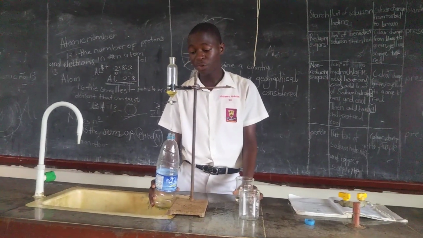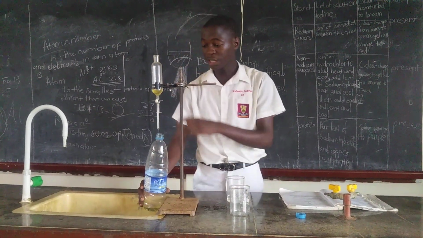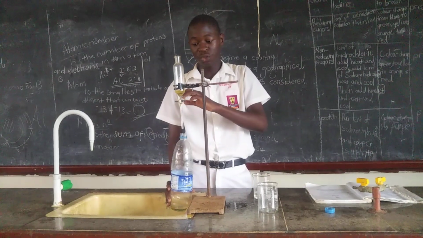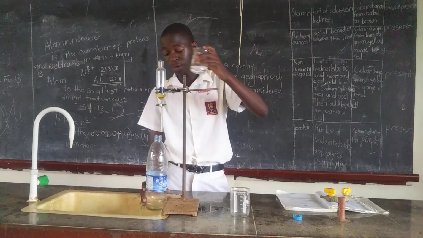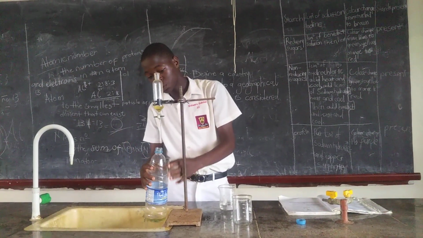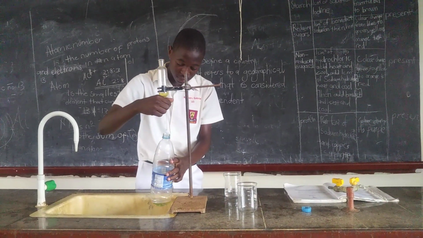That already proves that this cooking oil is less dense than water. So I will remove our cooking oil. It's now plain cooking oil, not mixed with water. I will just turn it to drop this cooking oil back into the bottle it came from.